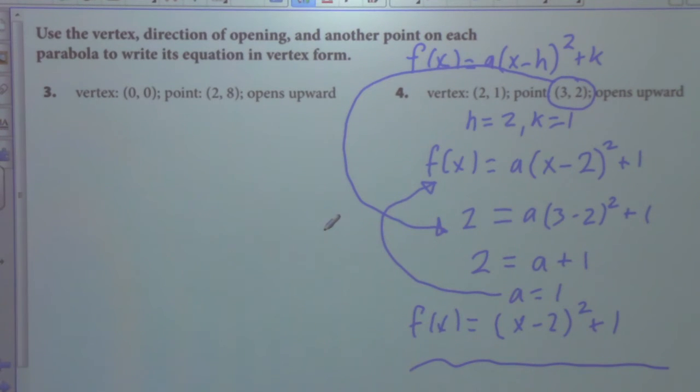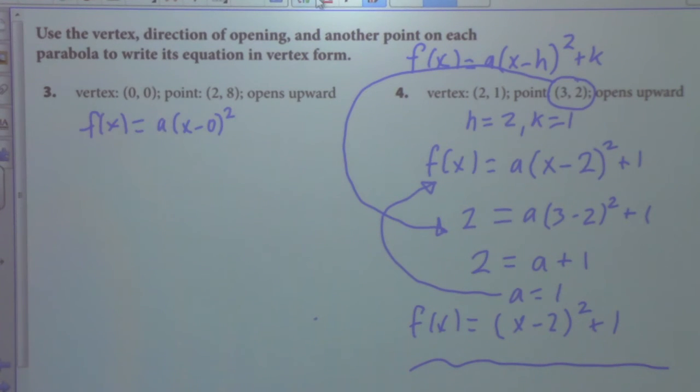All right, Connor. You ready? Yeah, let's go ahead. F of x equals a, open parentheses, x minus 0, close parentheses, squared. And you don't have to put anything for the k, do you, since it's just 0? No, you don't have to, but we'll just go ahead and do as you say. That'll be fine.